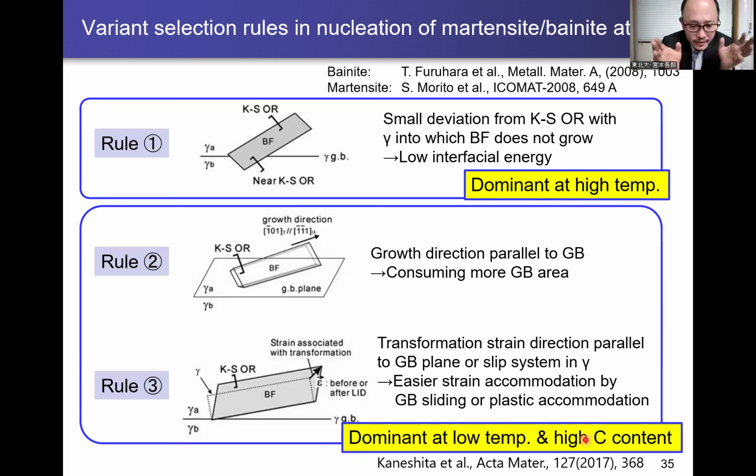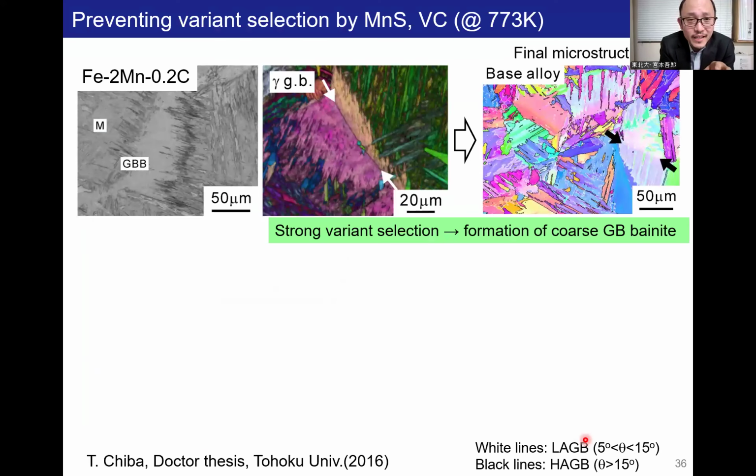So in general, the control of variant selection is not so easy, but by chance, we found one possible way to control variant selection of ferrite formation. This is the prevention of variant selection.